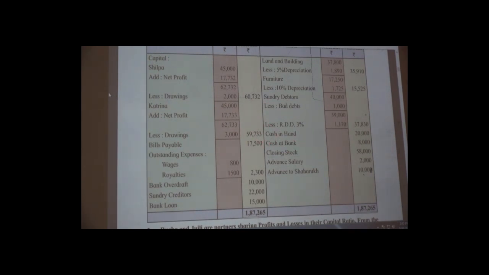Okay, now nothing has been left. Now we are going to close our balance sheet by doing the total at the last. See here, do the total of both the sides. Definitely it will match because there is nothing missing. Okay, so the total of the balance sheet is 1,87,265. So this is what the problem on partnership final account is.